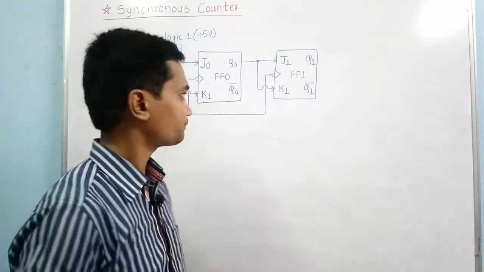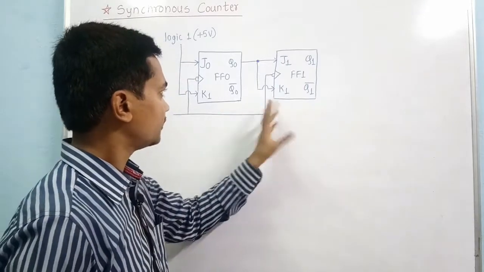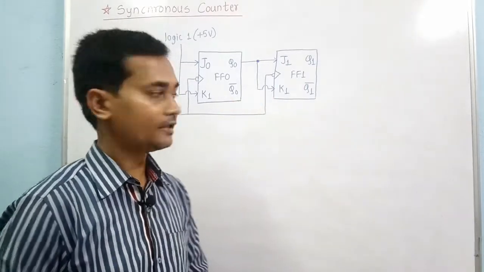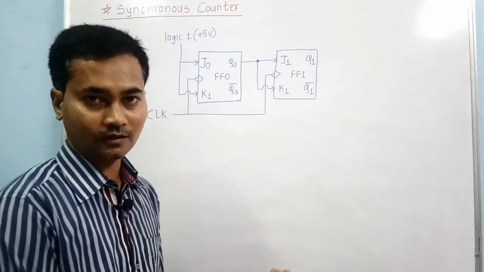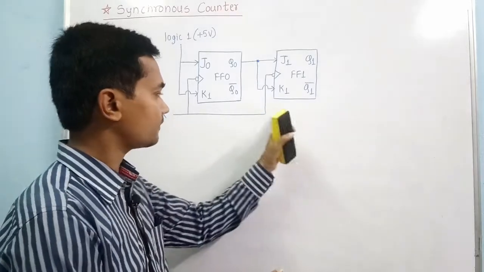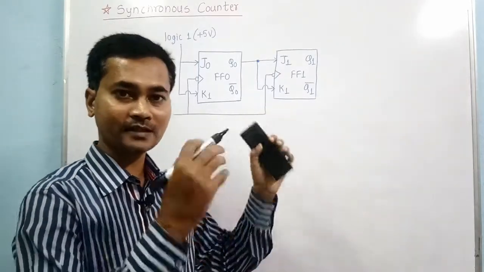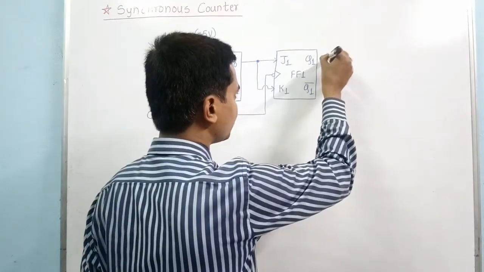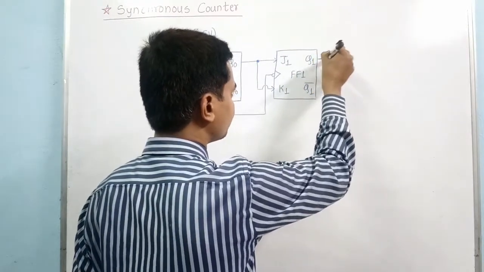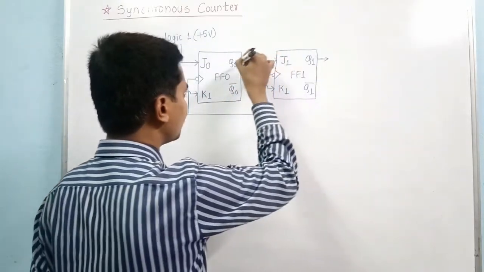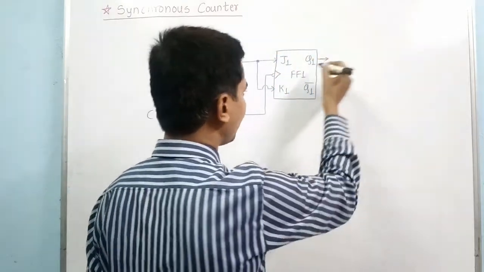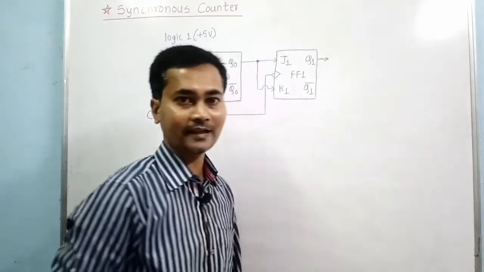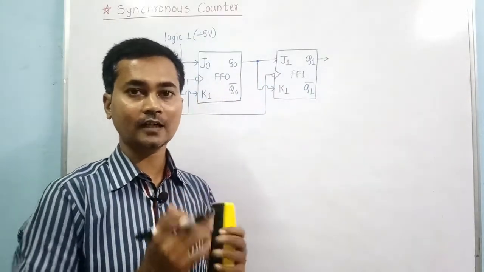I have drawn a 2-bit counter. Two bits means two flip-flops must be there, and the outputs are Q0 and Q1. At these two outputs we will get the exact 2-bit count.